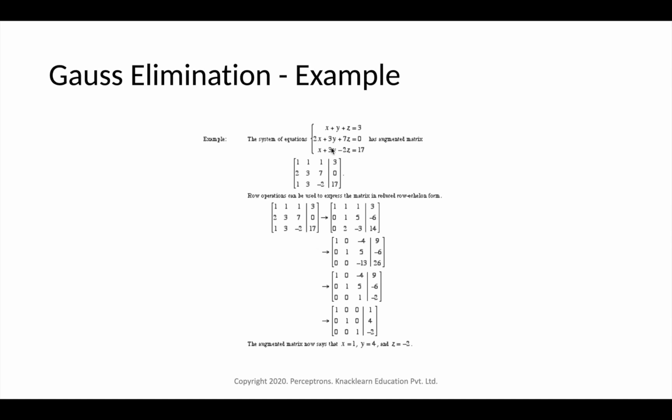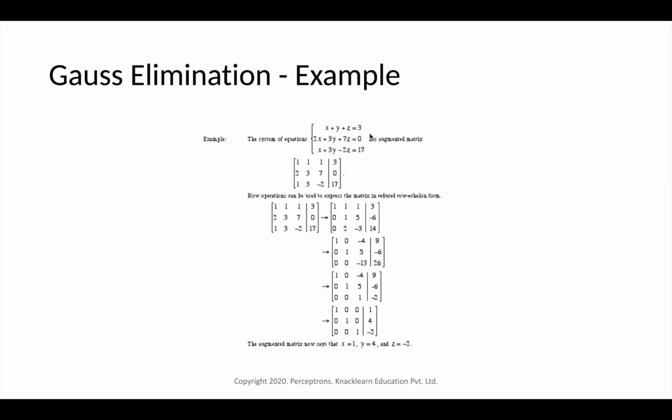Suppose we have this set of three linear equations: x plus y plus z equal to 3, 2x plus 3y plus 7z equal to 0, x plus 3y minus 2z equal to 17. These are the three equations, and within them we have three unknowns, x, y and z, which we have to find.